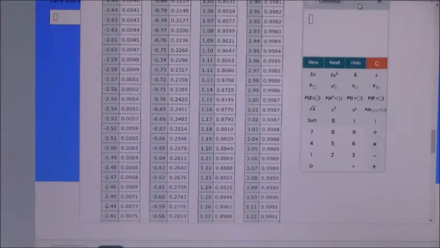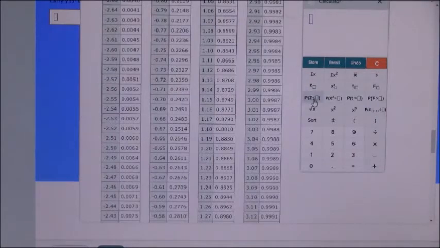Now on the Aleks calculator, if I go ahead and pull up the Aleks calculator over here, here's the Aleks calculator. You will notice on the Aleks calculator that you have P of Z is less than. So again, this is going to give you the value to the left, just like you get in the table.